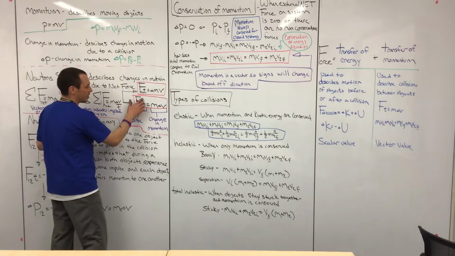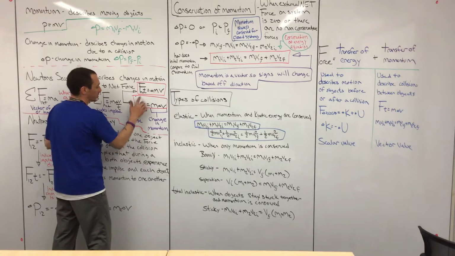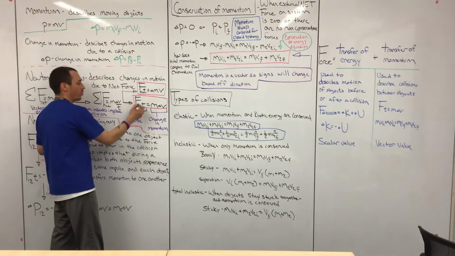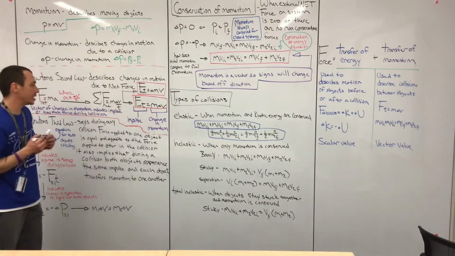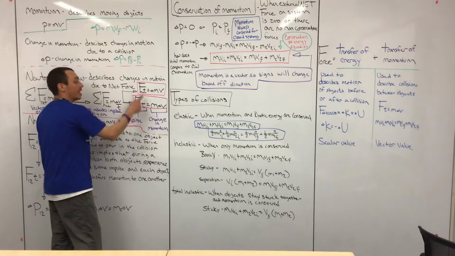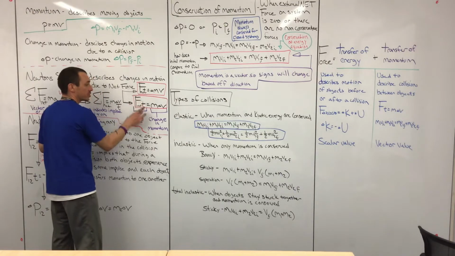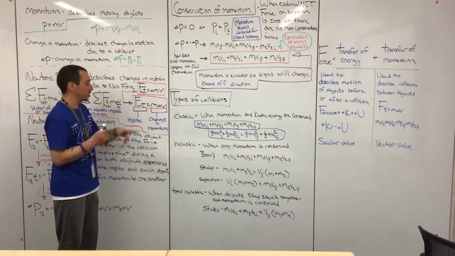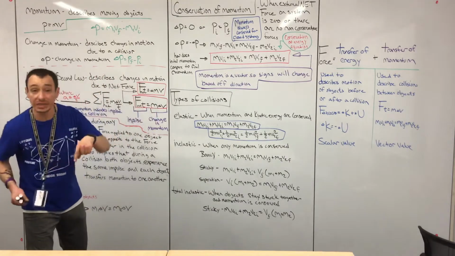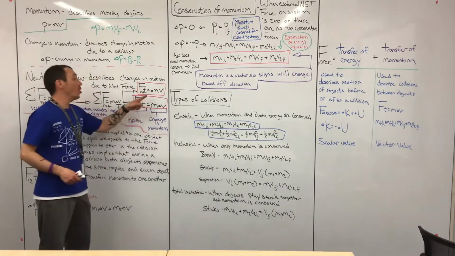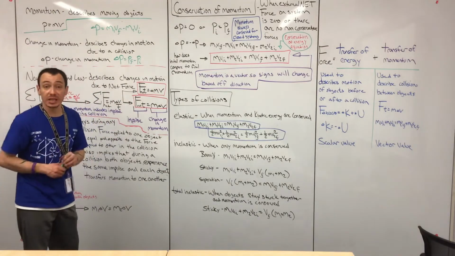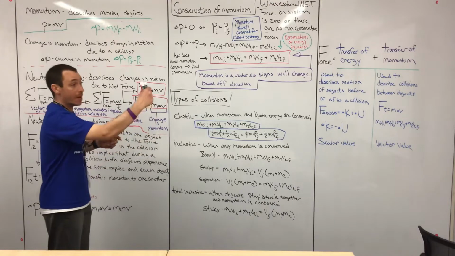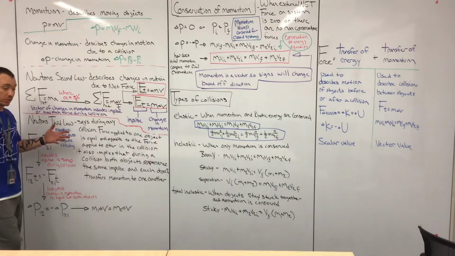It was coming from this thing that we call an impulse. So a force applied for a certain amount of time is what we call an impulse. And that impulse, if there's a net force applied for a certain amount of time, is going to give us a change in momentum. That change in momentum can be a change in your speed, so you could speed up or slow down, or it can be in terms of your mass, like a firework. A firework is one mass, and then it breaks up into three masses.